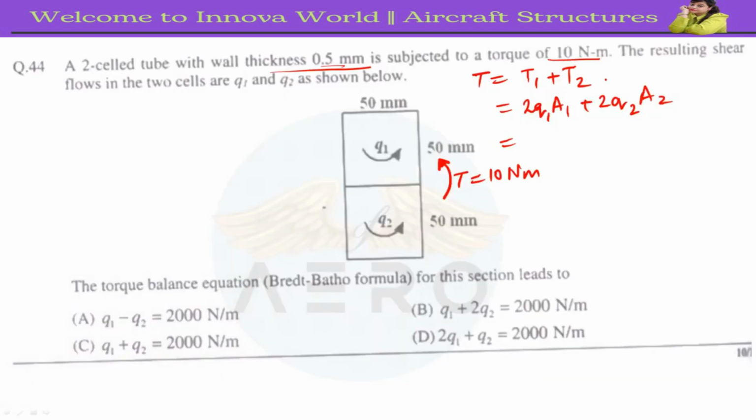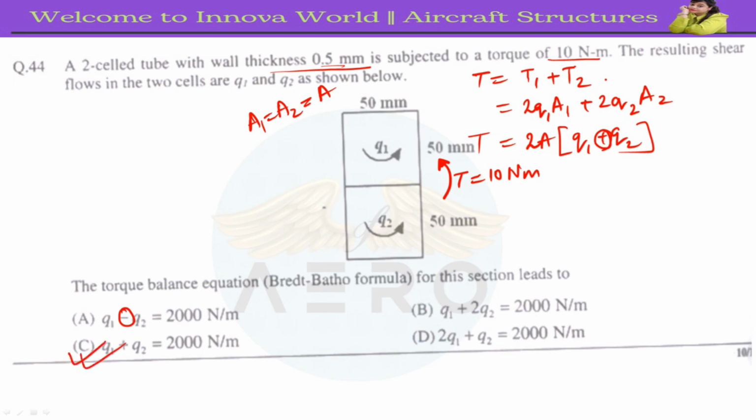You know why? Because once you see the areas are the same, that means A1 equals A2 equals A, and we have 2 into Q1 and so on. So 2A will remain constant, and we have Q1 plus Q2. In the other options we have 2Q1 plus Q2, or Q1 plus 2Q2, or a minus sign, and here we don't have any minus sign.